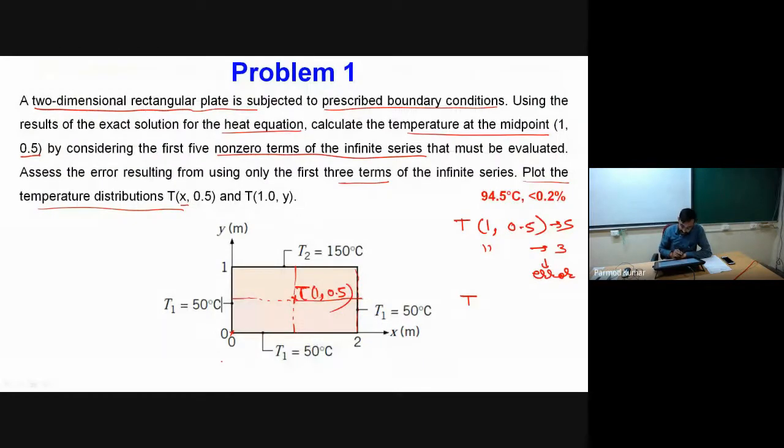Let me tell you one thing. In the derivation which you did in the lecture, the boundary condition was some fixed temperature T2 at the top boundary, and all other 3 boundaries were maintained at T1, considering T2 greater than T1.